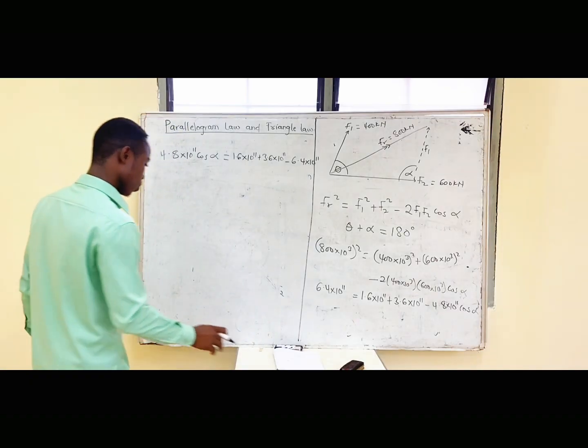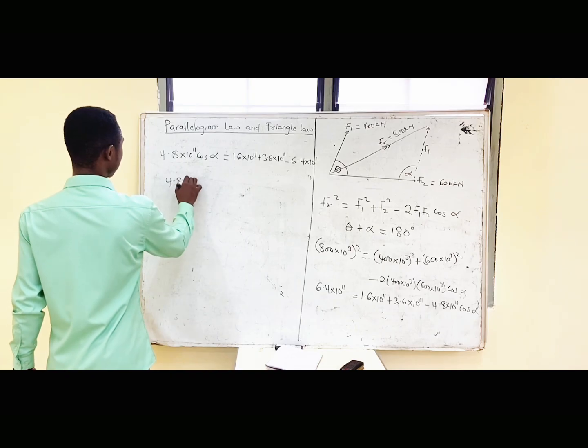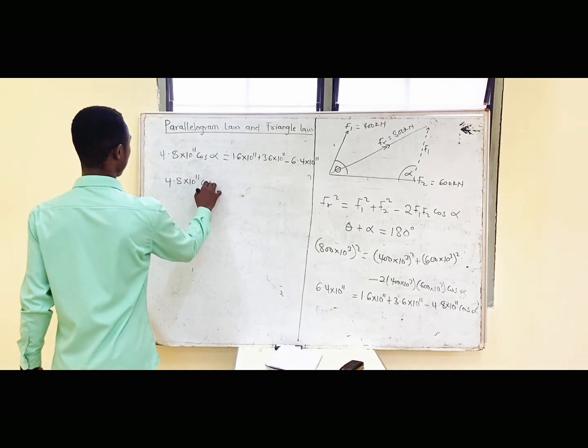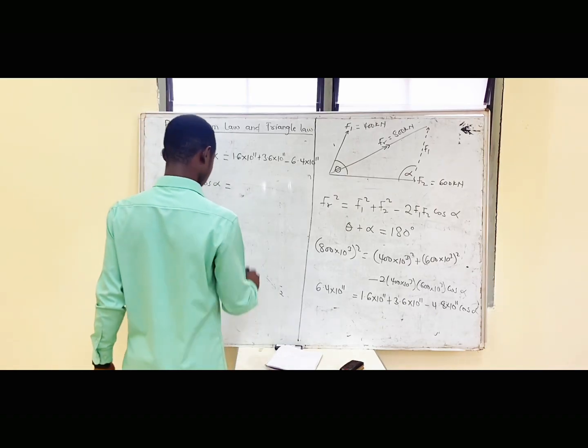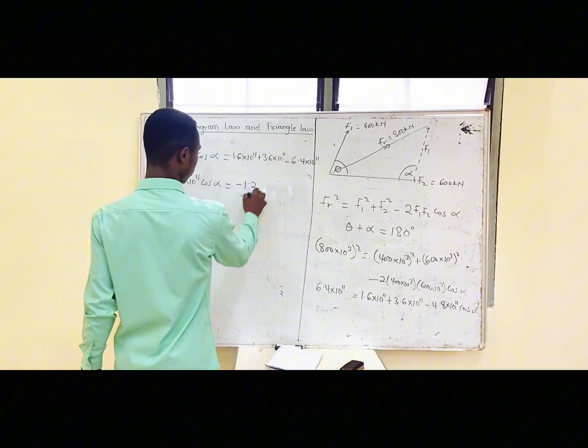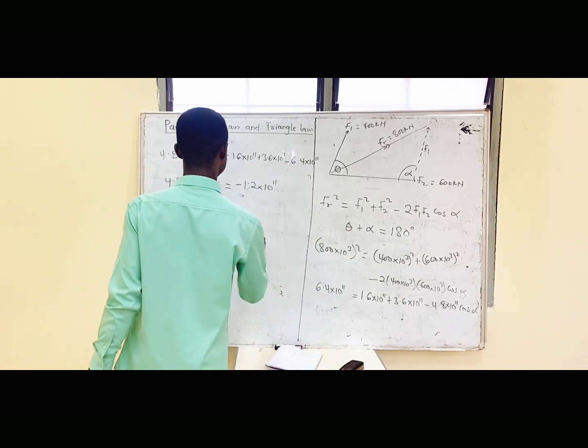Very good. So simplifying further, we get 4.8 times 10 to the power 11 cos alpha equals negative 1.2 times 10 to the power 11.